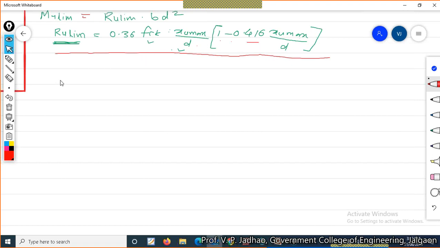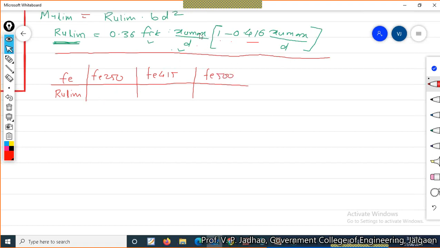Now if we take in one row Fe, the tensile strength of steel, and in another row Ru limiting, for Fe 250, for Fe 415, and for Fe 500.